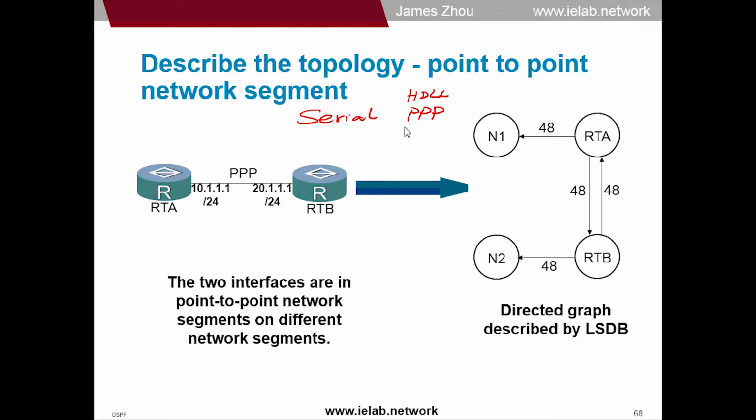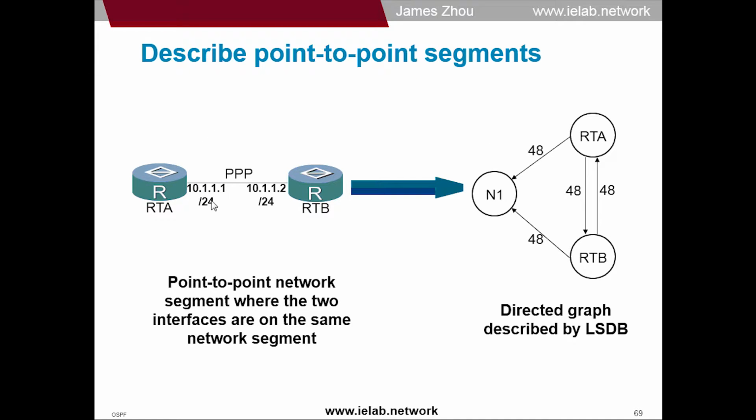Normally we use PPP as the encapsulation. So PPP has 2 situations. The first one is the 2 sides have different IP addresses and subnetworks. The second situation is both sides use the same range of IP address and subnetwork.